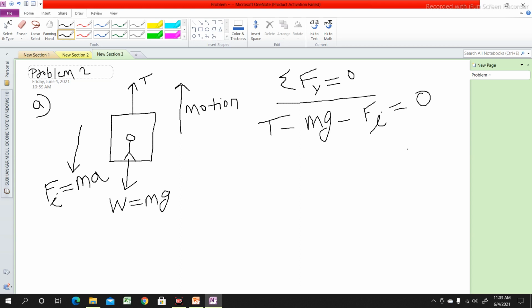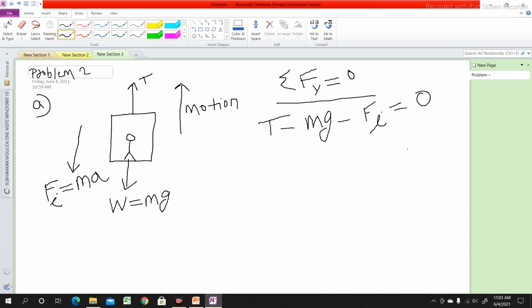T is the tension in the cable supporting the lift, or the reaction of the lift, because since the lift is standing on the ground it will give a reaction to this lift in the vertically upward direction, and that reaction is nothing but tension T, or it is nothing but the pressure that the man will exert on the floor of the lift. And in the first part of the problem, we need to find out this tension T.